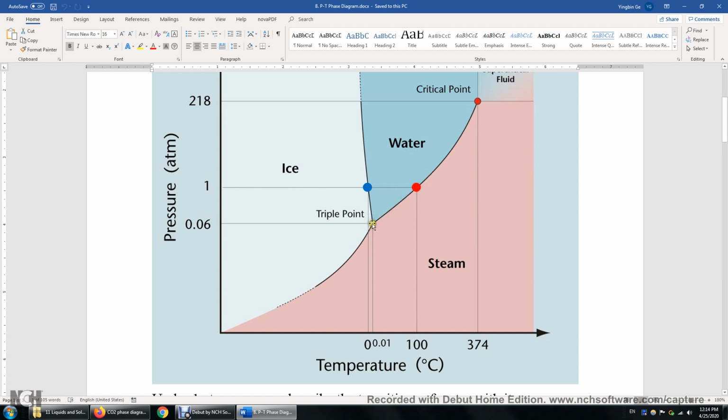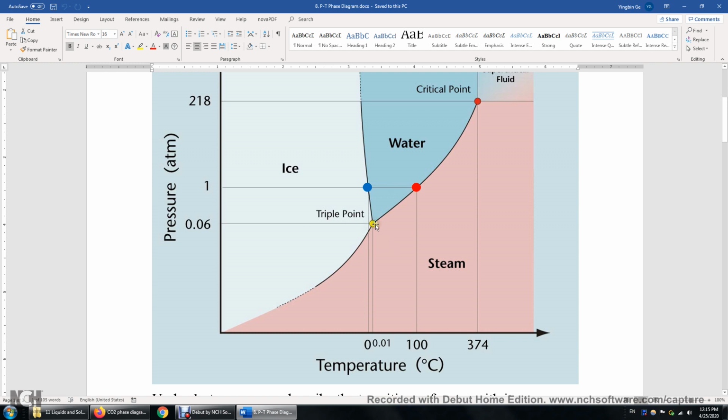Finally, the yellow data point tells you at 0.01 degrees Celsius and 0.06 ATM pressure, the solid, liquid, and the gas phases coexist.